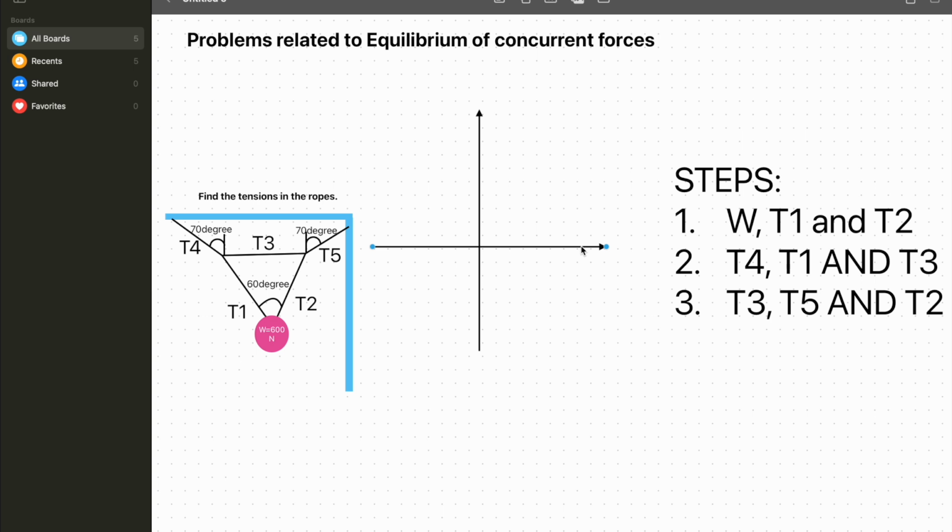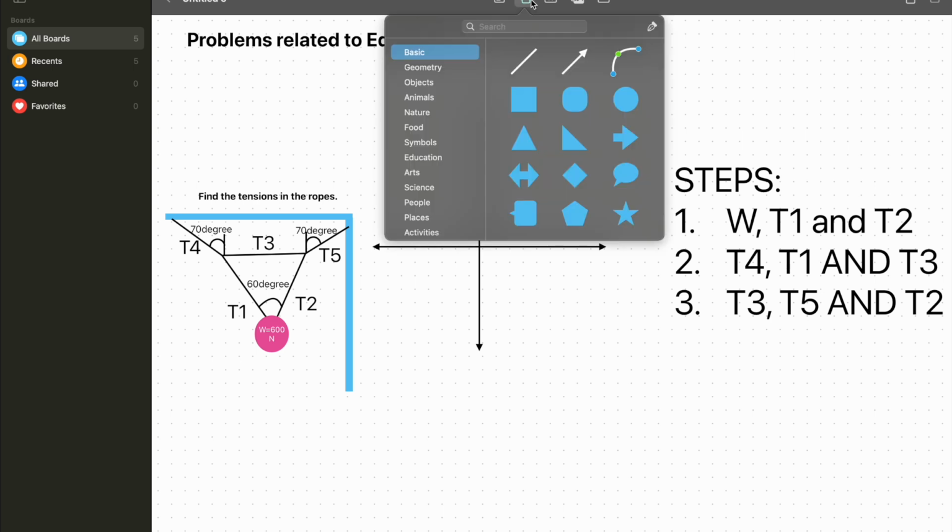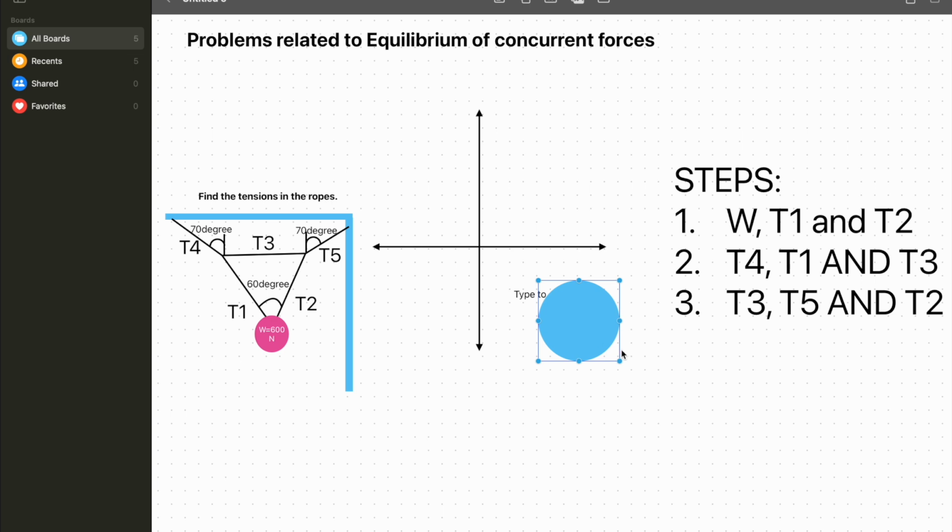This is x-axis, this is y-axis, right? And yeah, so this is x-axis, this is y-axis, the perpendicular of x-axis, and then there is an object.